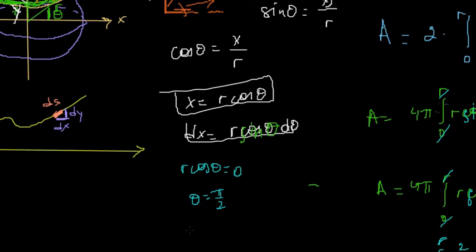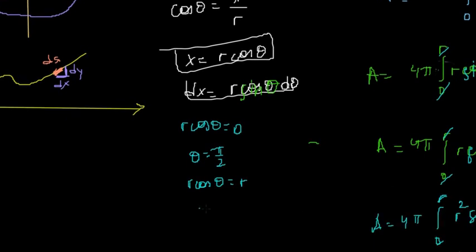And r cosine of theta is equal to r when theta is equal to 0. Cosine of theta is equal to 1 at 0, and cosine of theta is equal to 0 at pi over 2.